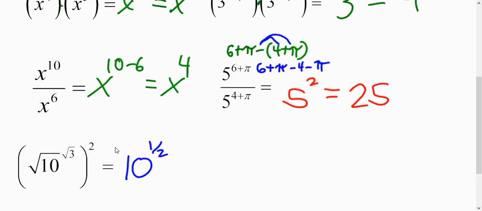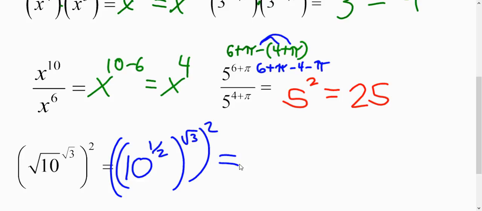Whole lot of exponents. But whenever you have a power to a power, even to another power, you just multiply all your exponents together. So we're multiplying 1/2 times 2 times square root of 3. 1/2 times 2 is just 1 times the square root of 3. So we just get 10 to the square root of 3 because the 1/2 times 2 cancels out.